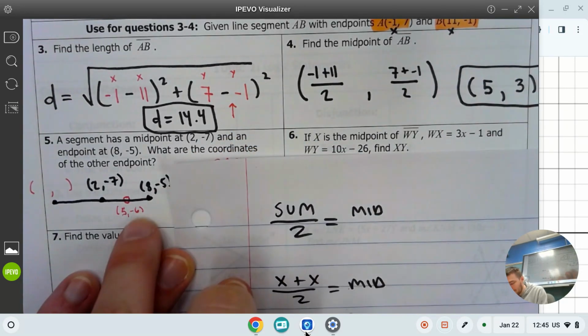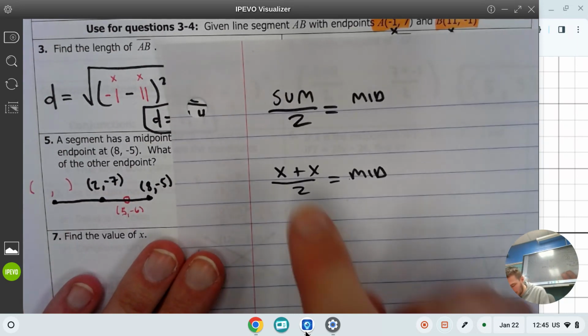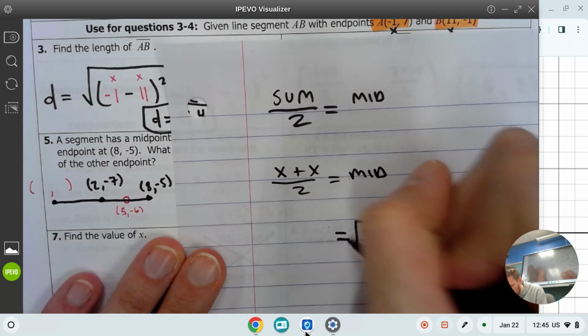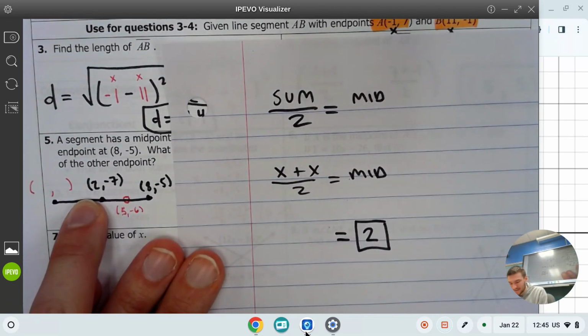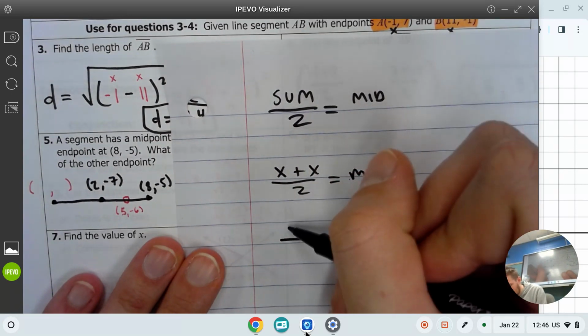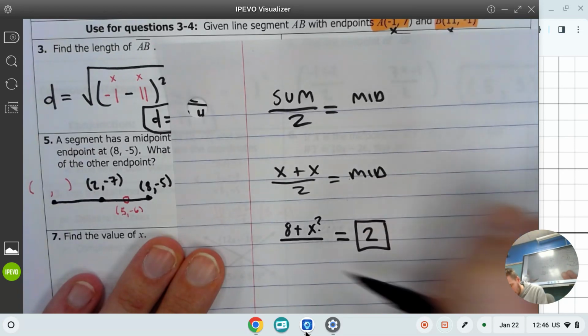And we know that the midpoint is 2 comma negative 7. So if we're working with the x's, this 2 is the midpoint. Then over here, we're going to have the 8 plus x. That's our mystery x that we don't know.